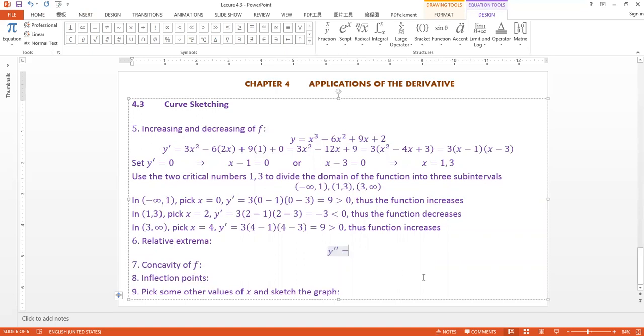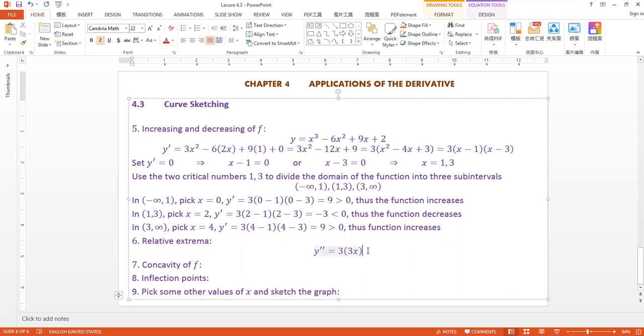Okay, so to do that, we need to find the second derivative first. So we know the first derivative function is 3x squared minus 12x plus 9. If you take the derivative of that, you get the second derivative. So the first term, the derivative of x squared is 2x, so that will be 3 times 2x.